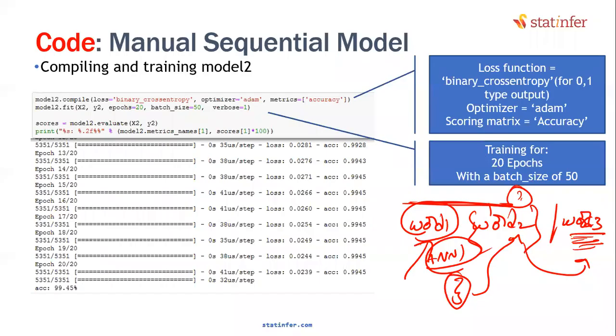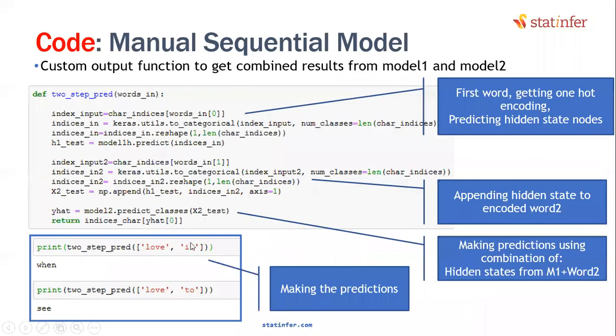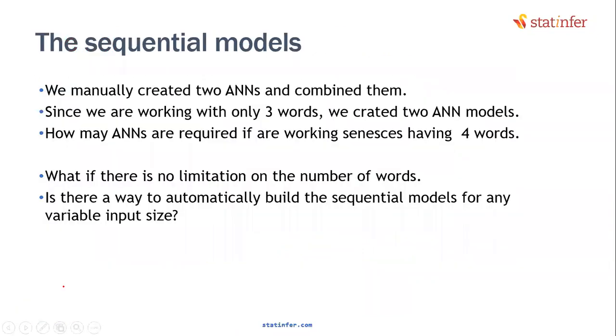Again, the prediction totally depends on the way the data is trained, on what input data we have. Depending on the input data, we got the predicted values: love it when, love to see, and love the way. So what we did is we manually created two ANNs, then we combined them. Have you understood how we combined them?